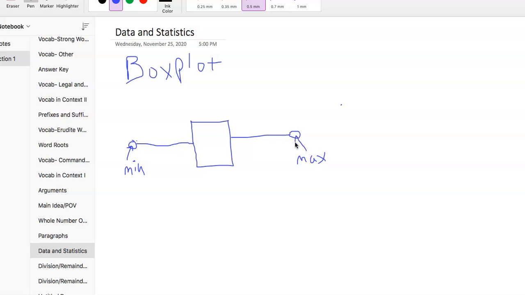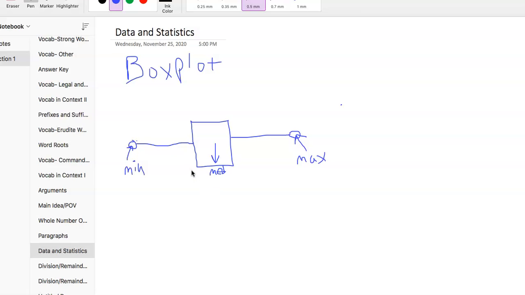Also an outlier in the other direction, okay? And then within this box right here, we'll have the median, and we're going to be going over median in a minute as well, outside of box plot. But we'll have the median right there, which will be the middle number in the data set.